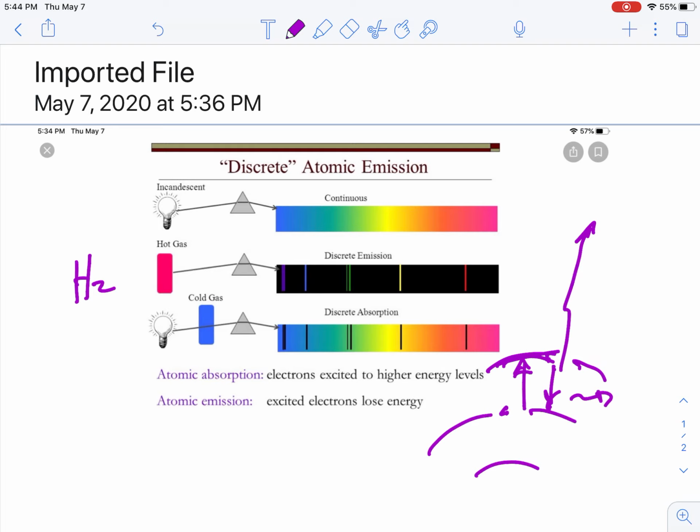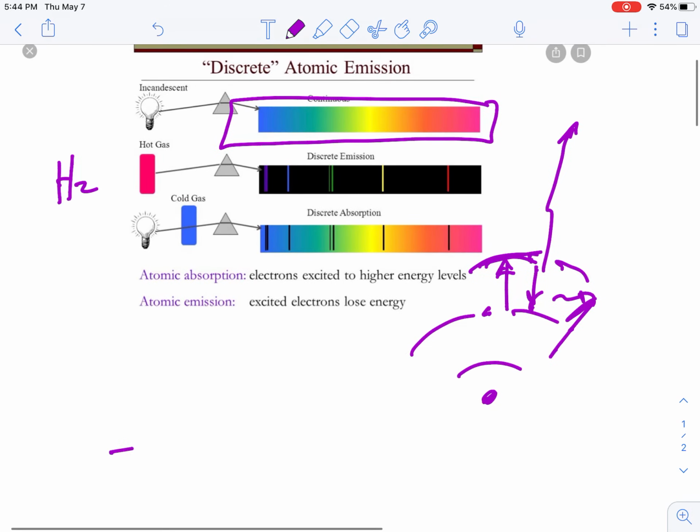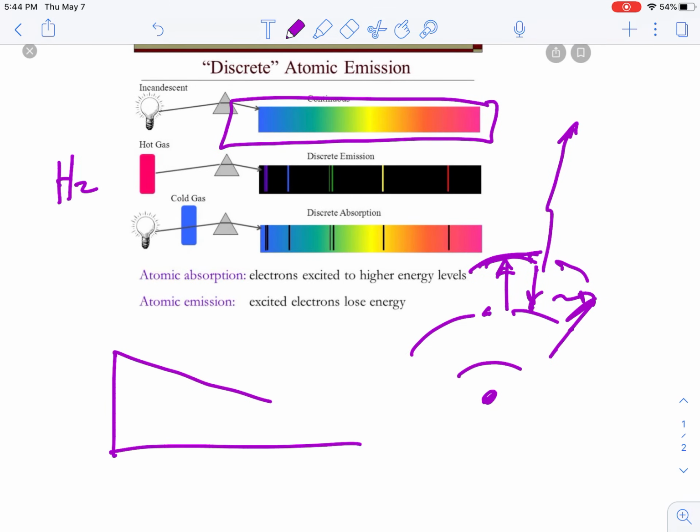So what they had to figure out is how these electrons orbiting a nucleus can exist in only discrete energy levels. Because if the electrons could exist anywhere at any energy level, then every atom in the world would emit a continuous spectrum, because you can think of it as like being a ramp.